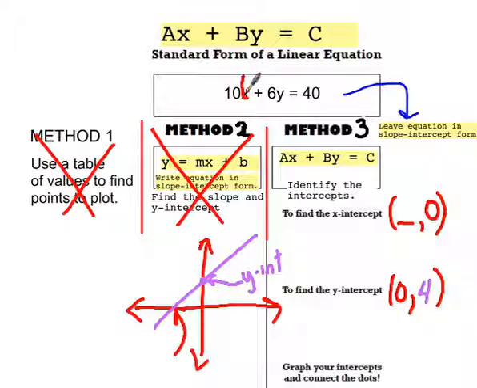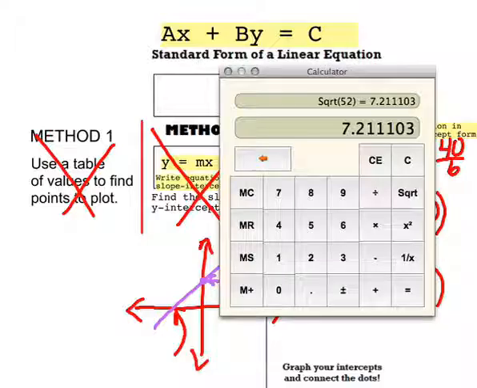We put 0 in here. So we have 10 times 0, which is 0, which leaves us with 6y equals 40. Divide by 6, divide by 6. It doesn't work out nicely. As you can see, feel free. 40 divided by 6 is 6.7 around, or 6 2/3.